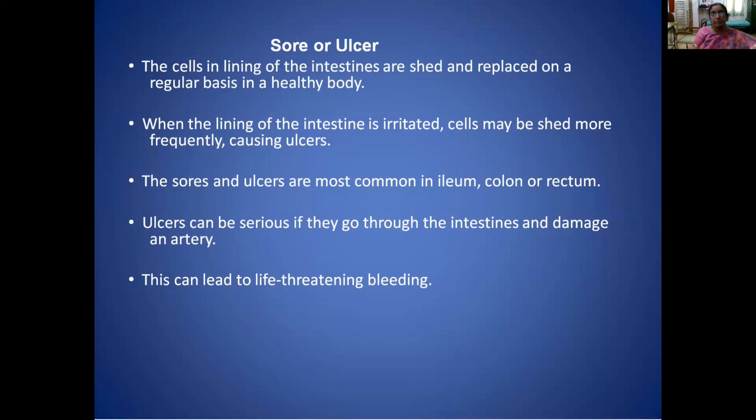First, ulcers. Normally in the intestine, the most superficial layer of cells gets shed off on a regular basis and is replaced by underlying cells. When the lining of the intestine is irritated, by inflammation or infection, whatever it may be, the cells may be shed more frequently, causing ulcers. The difference from a psoriasis ulcer is very simple: a psoriasis ulcer is superficial, whereas this ulcer is deep.